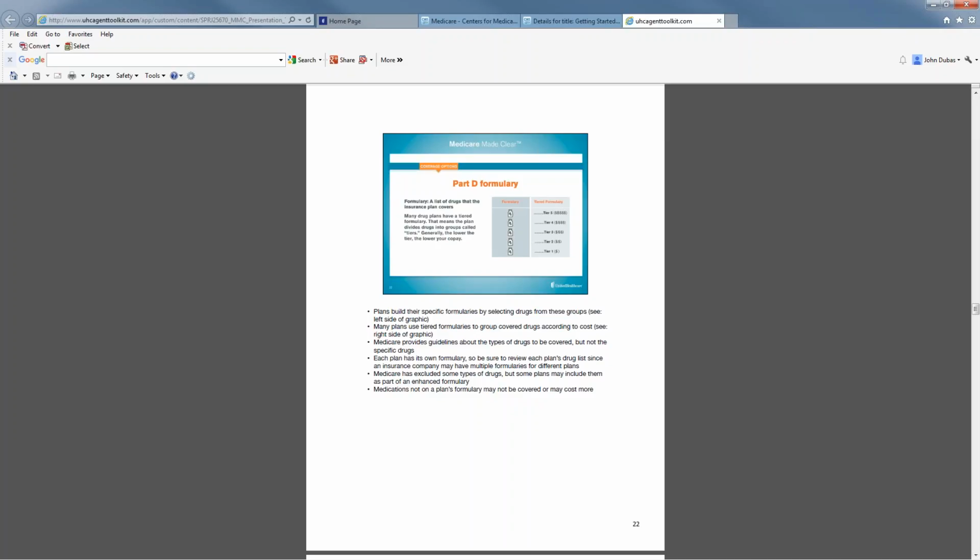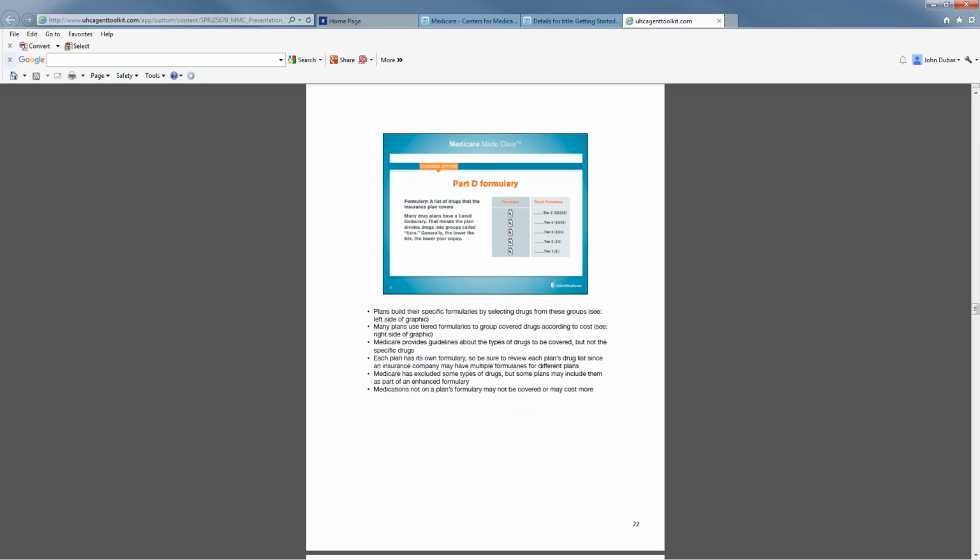Medicare does provide guidelines about the type of drugs to be covered, but not specific drugs. So there may be, for example, and I'm making a number up, 40 high blood pressure medications. The government will say you have to cover high blood pressure medications. They won't say you have to cover lisinopril or a specific medication.